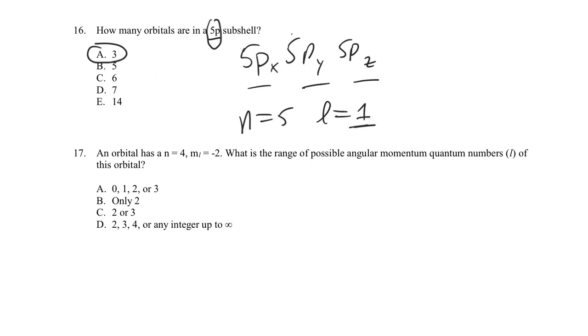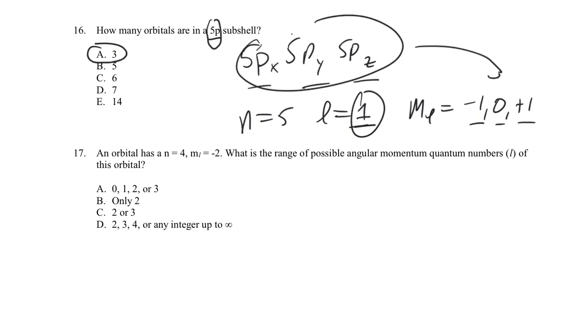The 5s is L equals 0, the 5d would be L equals 2, the 5f would be L equals 3. So the 5p is just the case where L equals 1, and the range of m sub L is -1, 0, +1. This is our 3 orbitals here. That's why we get 3 5p orbitals occupying the 5p subshell.